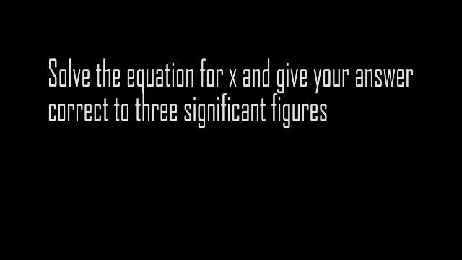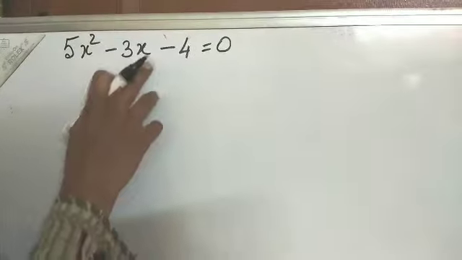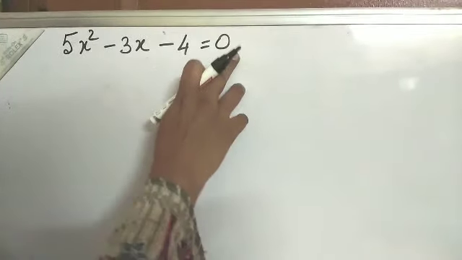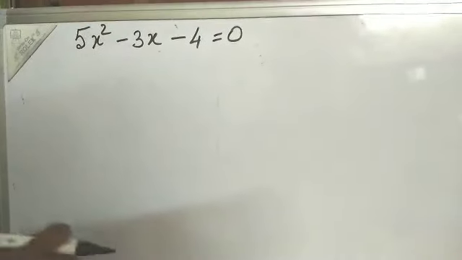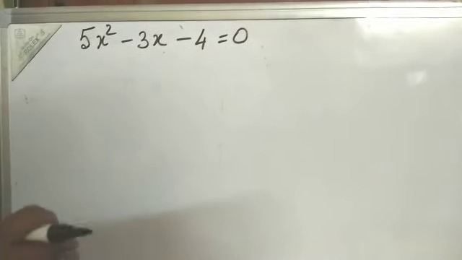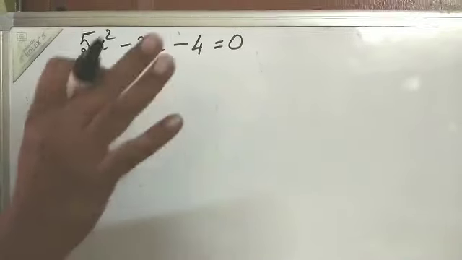Solve the equation for x and give your answer correct to 3 significant figures. Equation is 5x squared minus 3x minus 4 is equal to 0. In this equation, they are asking you to get the answer correct to 3 significant figures.